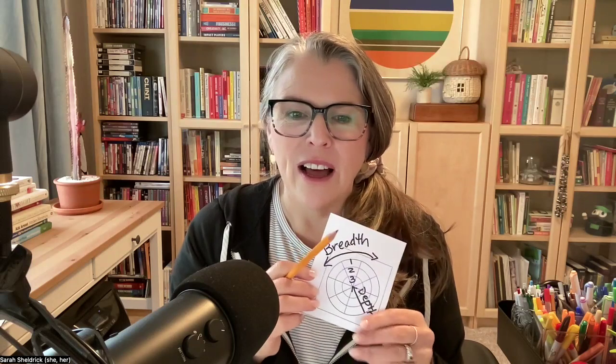Okay. The other aspect of this model is depth, and depth is the plunging in of the different layers that we have here. We are going to talk about three different layers, one, two, and three.